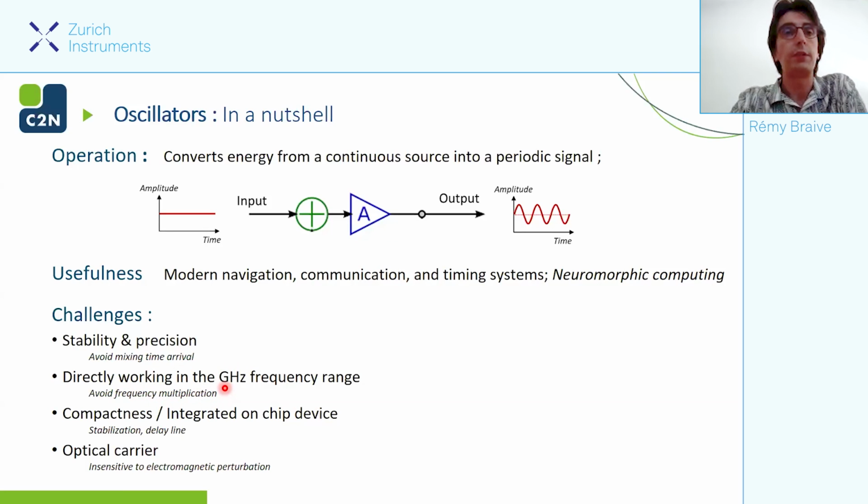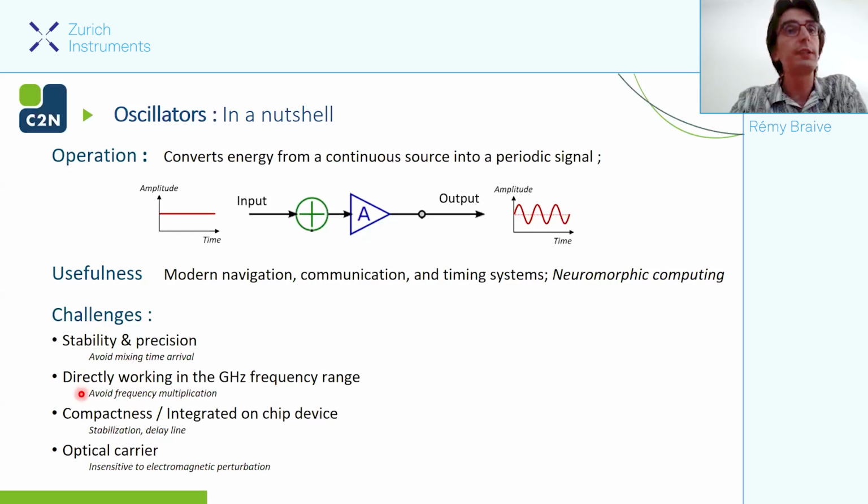Nowadays, what is really mandatory is to have really integrated devices such that you can put them in really movable objects. And also something more and more useful is to have an optical carrier, such that the oscillator itself is not sensitive to electromagnetic perturbations.